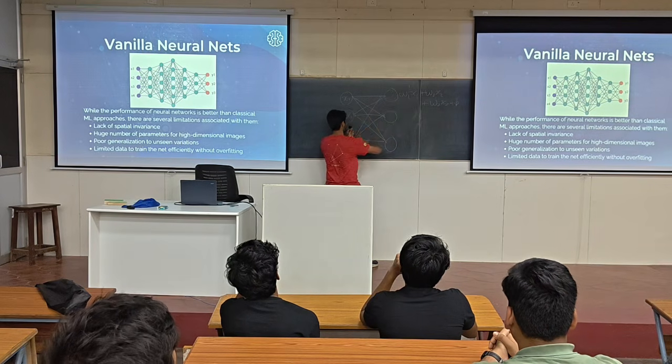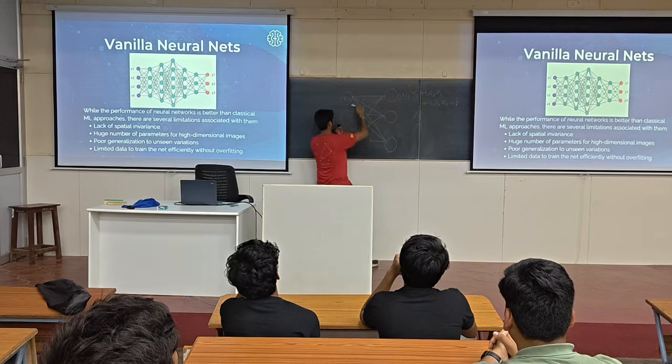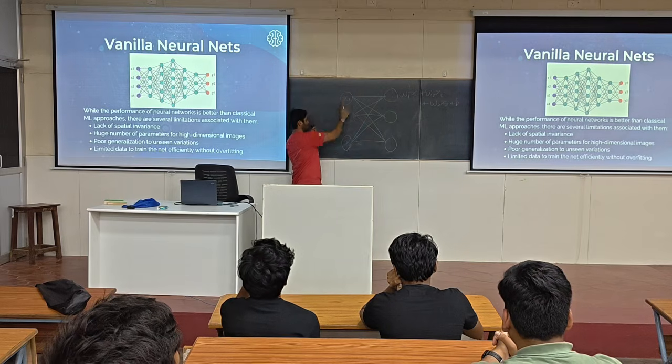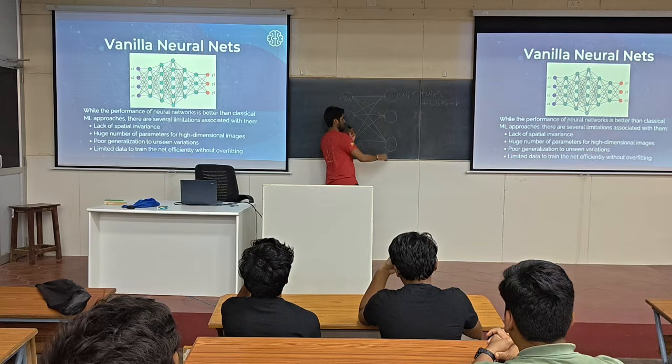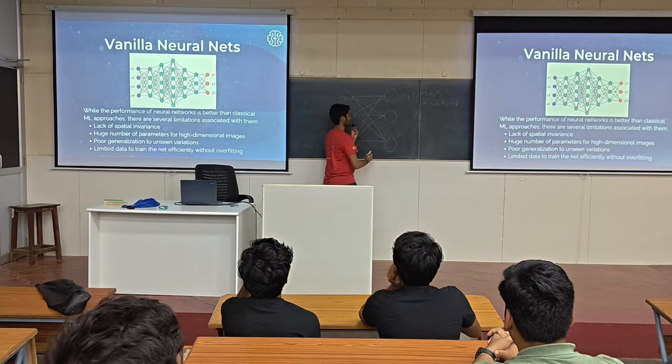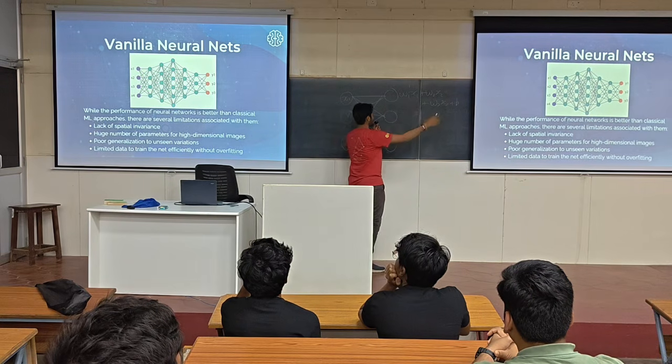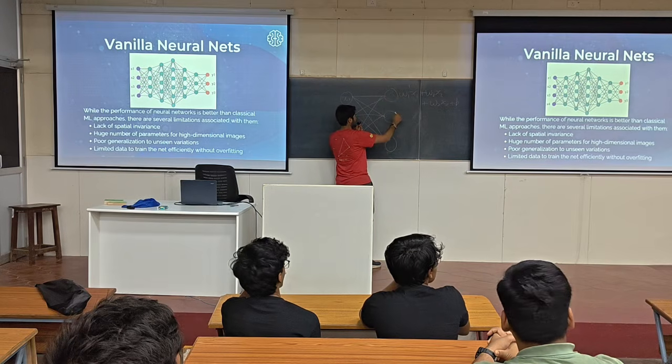So these connections actually mean that a weighted sum of these input features is being taken into this layer. This is called a hidden layer, simply because we don't see it. We will only see the final output, we won't see this. Right?